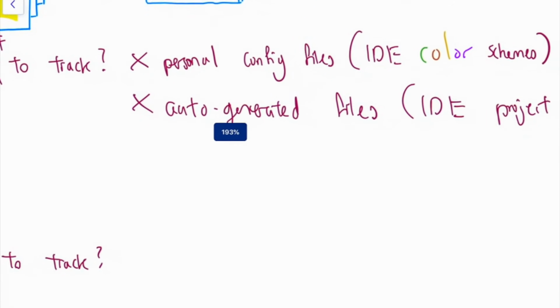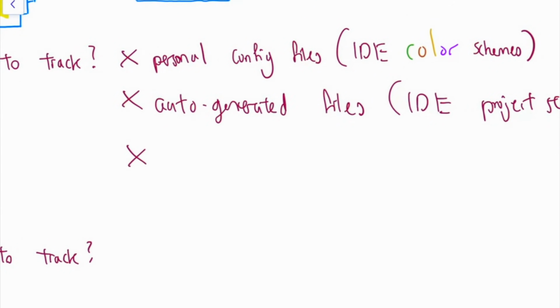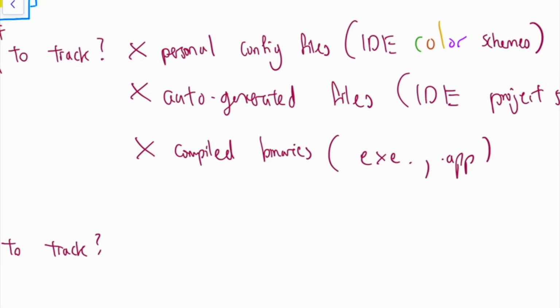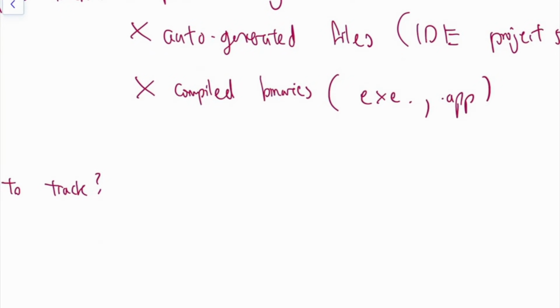Other things are compiled binaries, for example, exe files, .app files, and so on. These are things that are not meaningful to track. You want to track source code for this purpose rather than the exes.